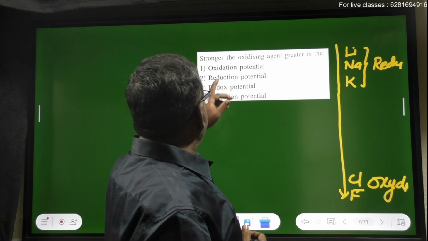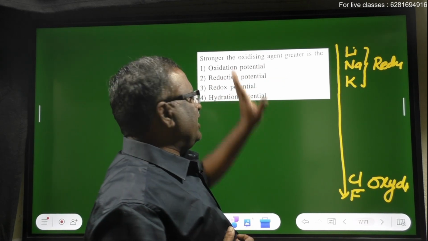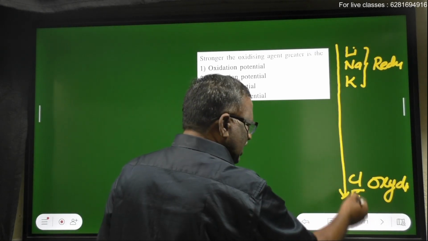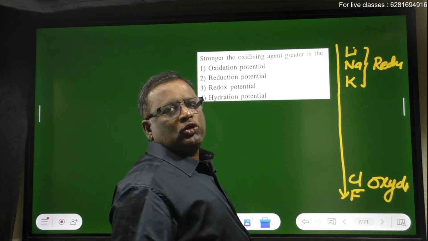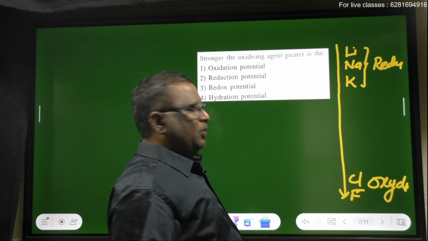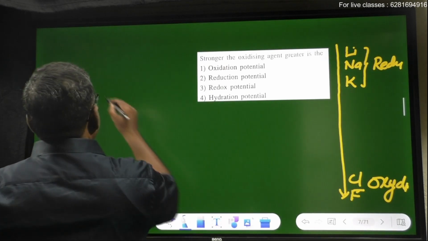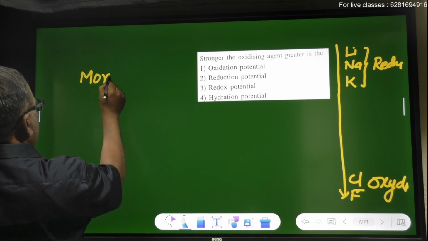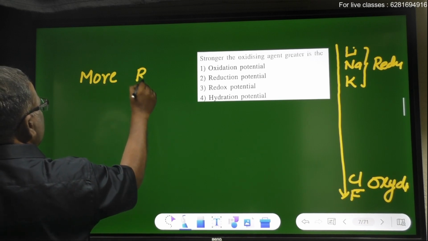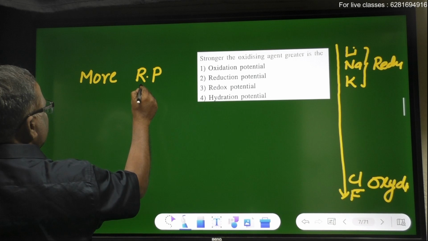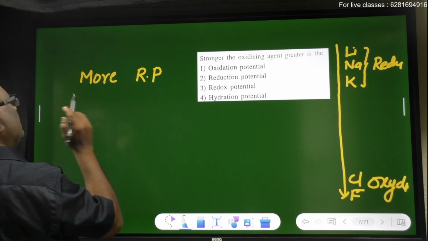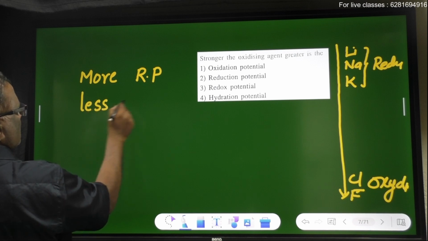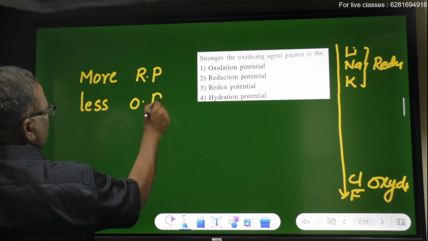So here the question is the stronger oxidizing agent. Stronger oxidizing agents means those present at the bottom of the electrochemical series in terms of reduction potential. That means more reduction potential, that is reduction potential with positive value, and less oxidation potential.